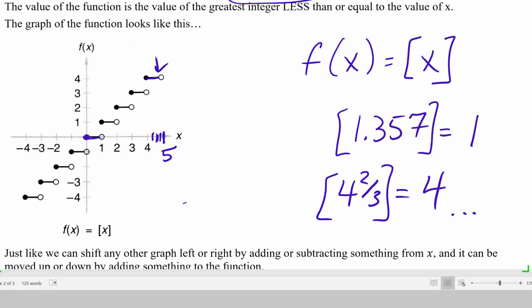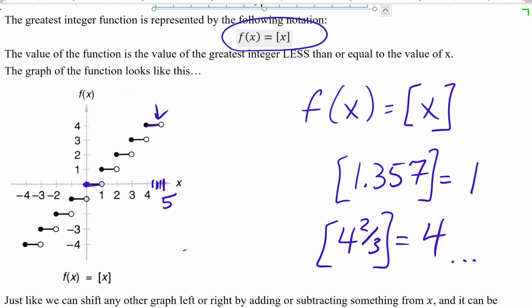So that's called the greatest integer function, and that is what it looks like. And of course you can move it all around just like you would a parabola or a hyperbola. If you add or subtract something to x, say you have f of x is equal to the greatest integer function of x minus 2. Say you have that function.